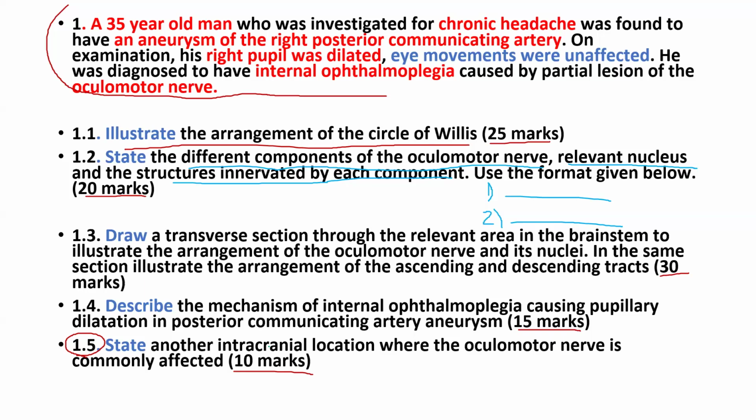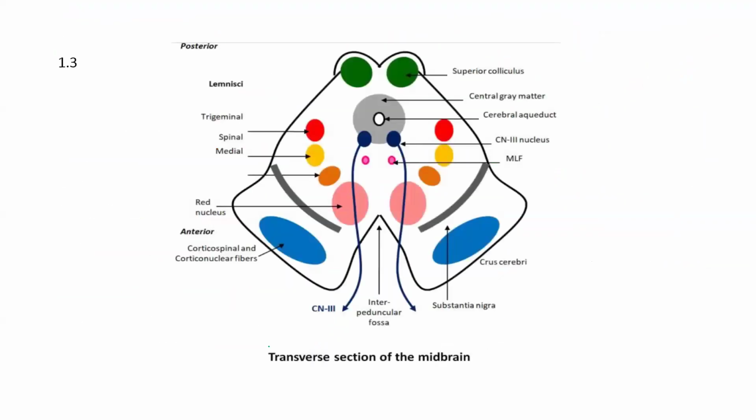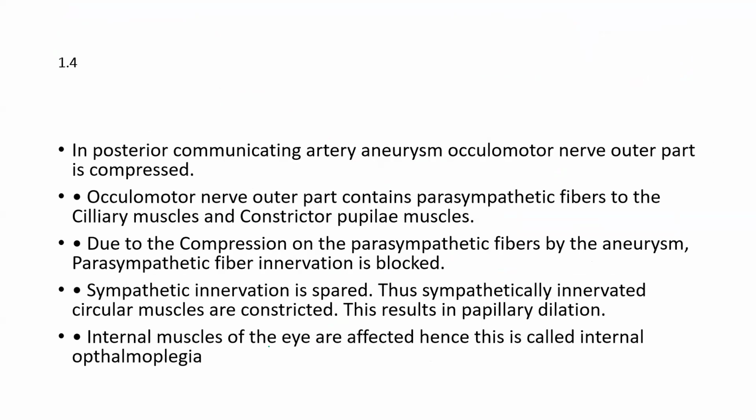Next: describe the mechanism of the internal ophthalmoplegia causing pupillary dilatation in posterior communicating artery aneurysm, and state another intracranial location where the oculomotor nerve is commonly affected. Okay, this is the cross section, so we will keep that for a moment.